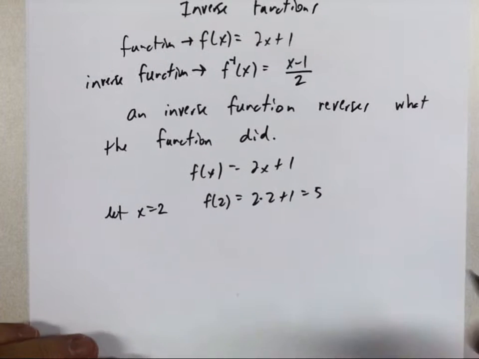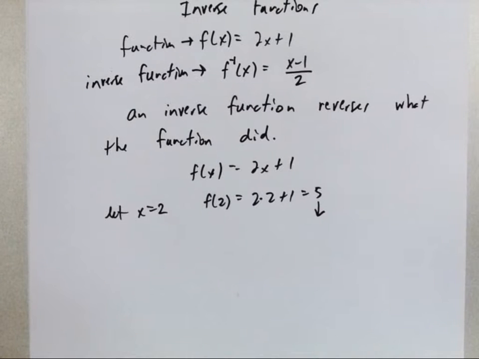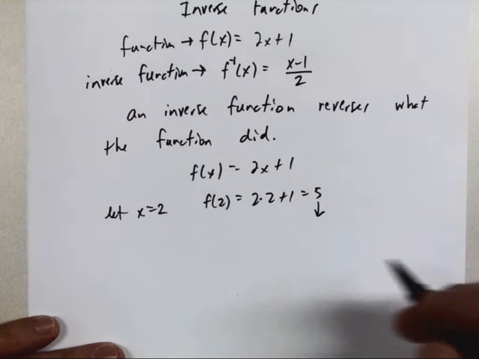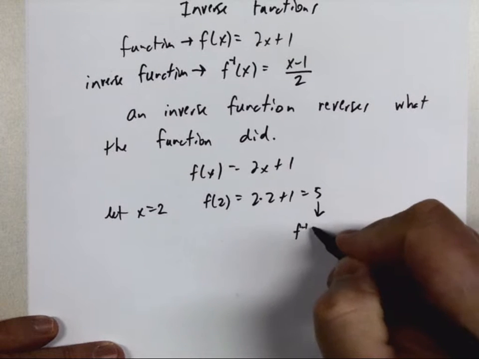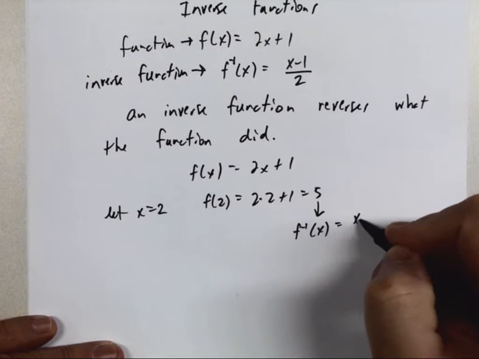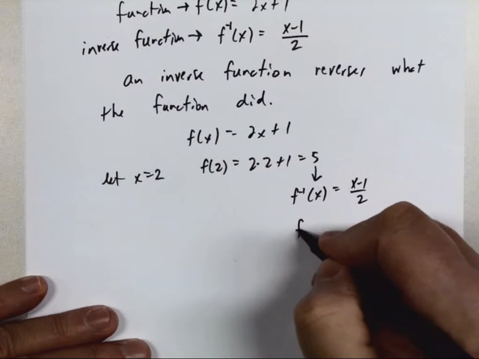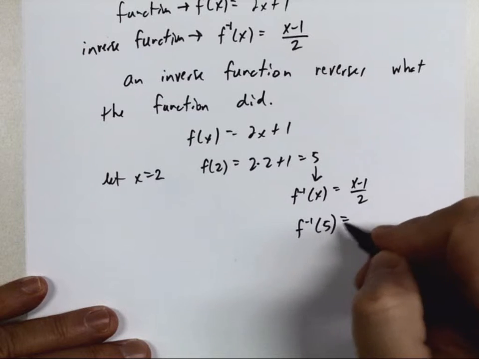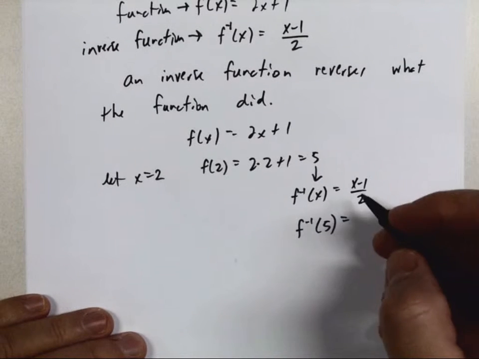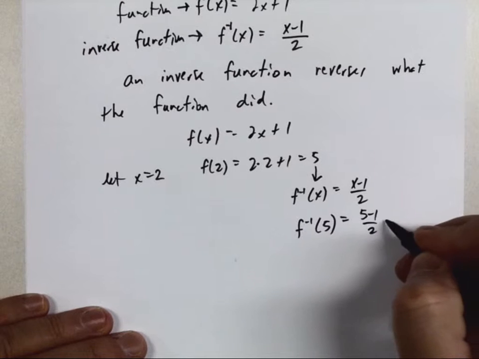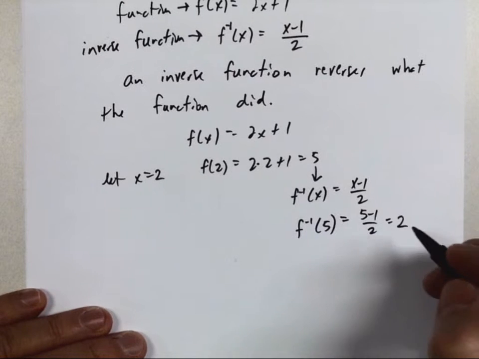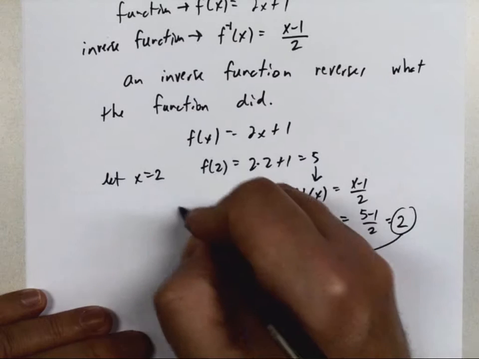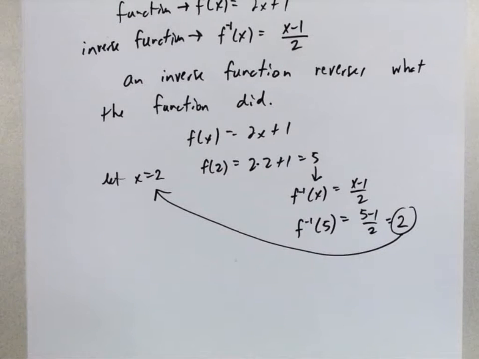Now, just for fun, let's take that answer, the result of the function, and stick it in the inverse function. So the inverse function of 5 is 4 over 2, and you ended up with what you started with.